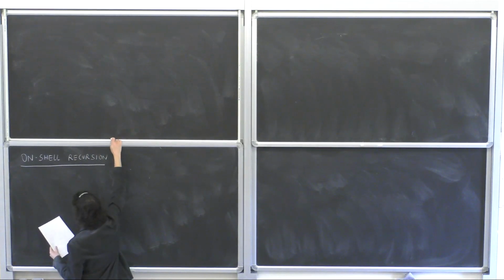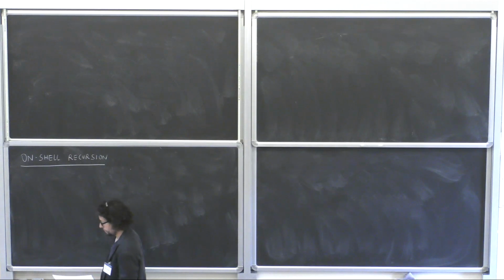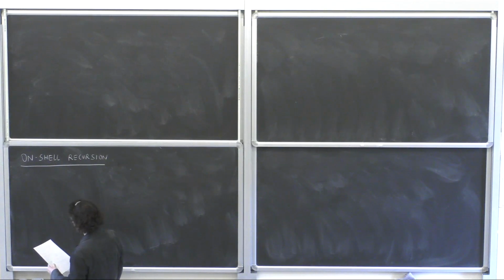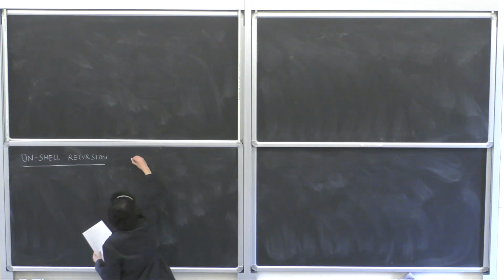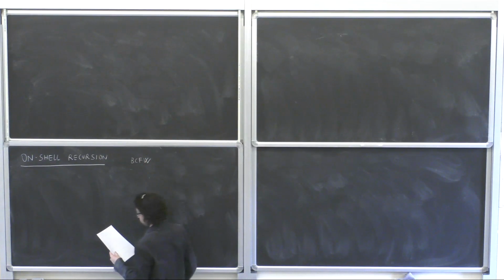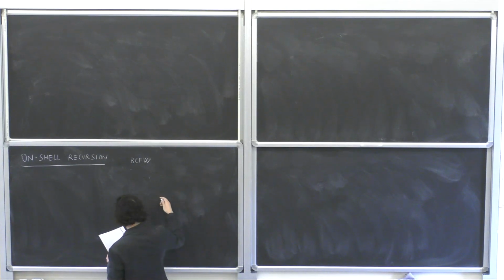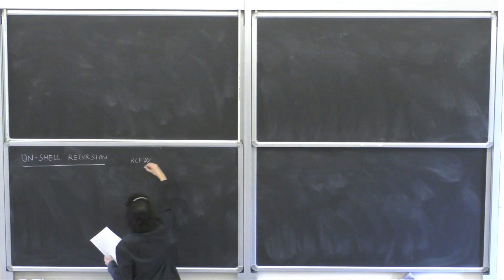So there are different implementations of this basic idea, namely of reconstructing higher point amplitudes in terms of factorization properties from lower points. Here I would like to focus on BCFW recursion, which is due to Britto, Cachazo, Feng, and Witten in a seminal paper in 2005.